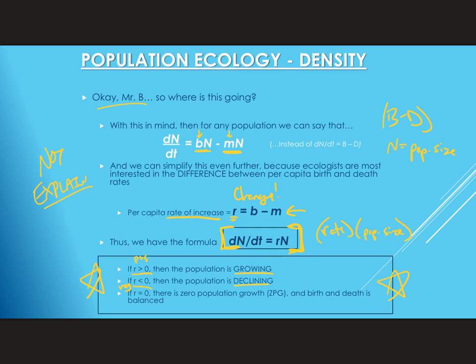And if R equals 0, if there is no change, we call this ZPG, zero population growth, where birth and death are balanced. And this is, as you might guess, really uncommon for that to happen. But it is something that we could see. Now, let's keep going.